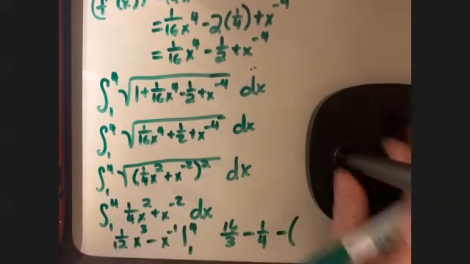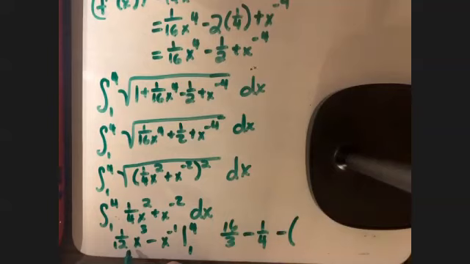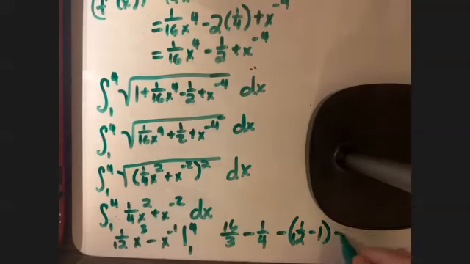Plugging in the 1, it's going to be 1/12 minus 1. So I've got 16/3 minus 1/4 minus 1/12 plus 1 is the negative. And we get 6. Okay, nice, pretty clean, pretty number with that one.